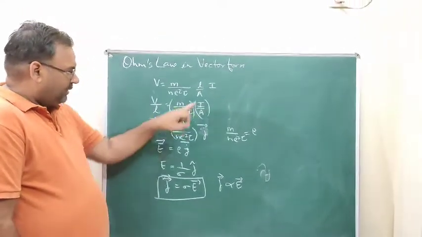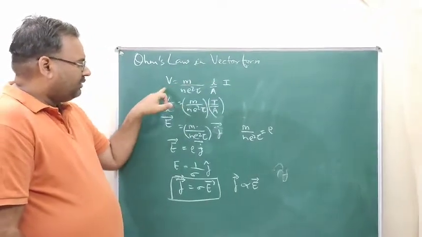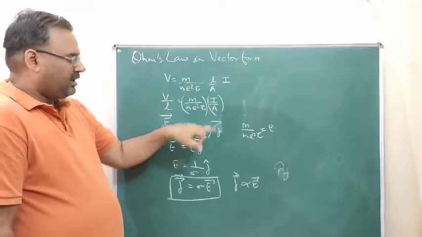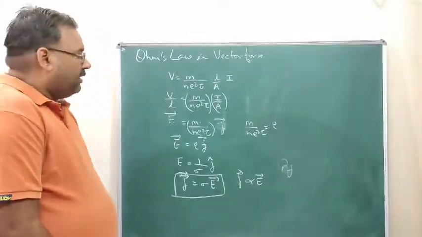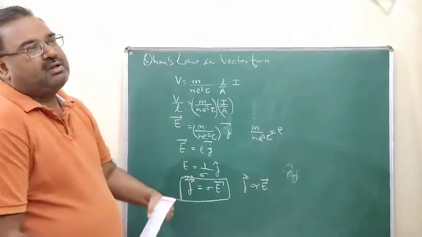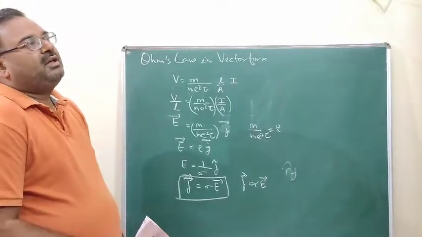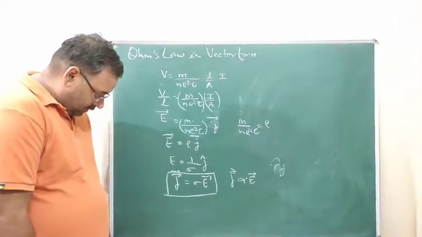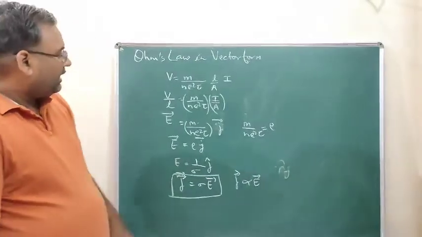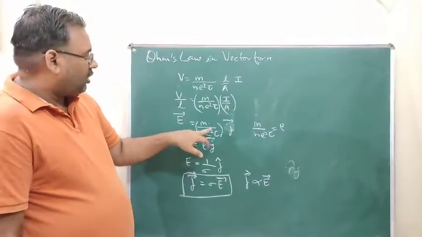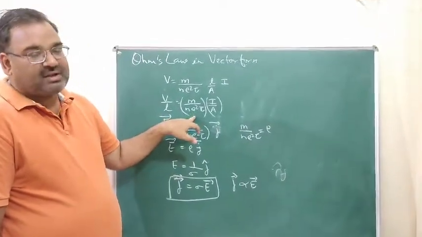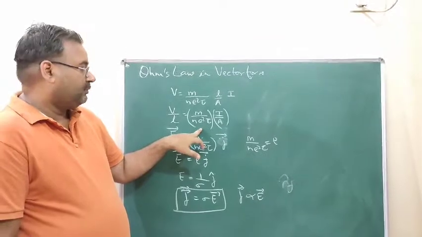Now we bring L here: V upon L equal to m upon n e square tau, I upon A. V upon L is the electric field, so V upon L is equal to E. And m upon n e square tau is the specific resistivity, which we had discussed in the last video.